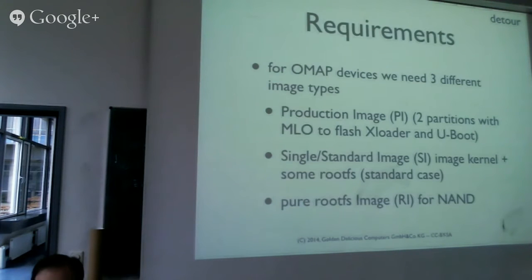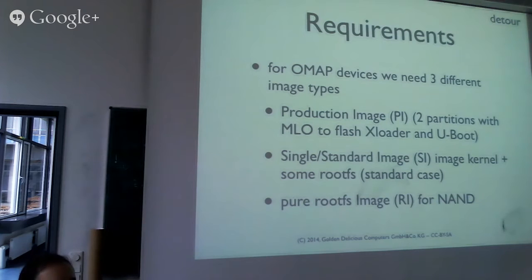Migration concept. It started with some requirements, and it came out that we basically need 3 different system image types. We have called that production image, a single or standard image, and a pure root file system image. The purpose of them is very different.